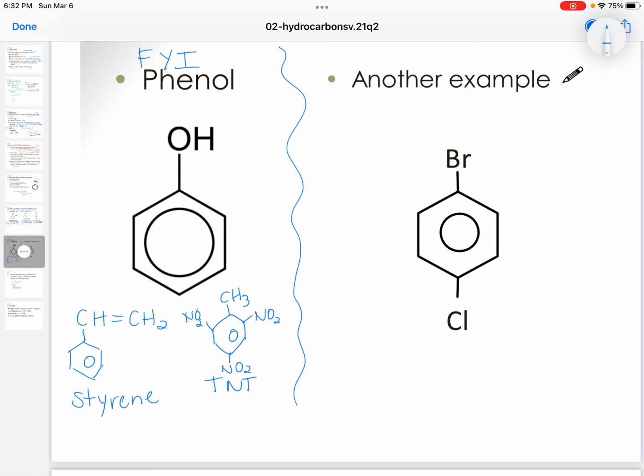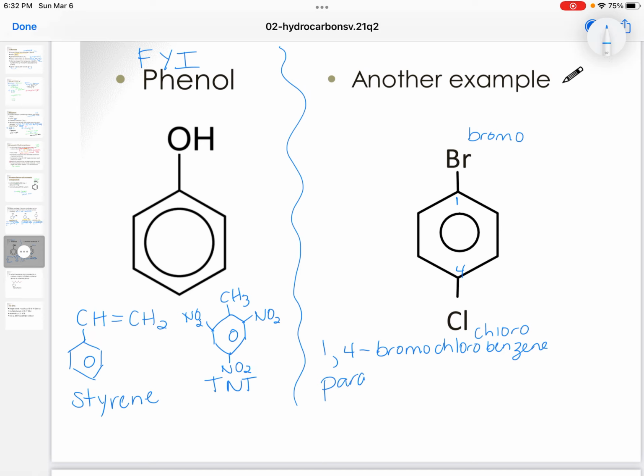So let's just do another example here where it's two different things this time. So now you have a bromo and a chloro. So again, this is carbon 1 and this is carbon 4 in the ring. So you could call this 1,4-bromochlorobenzene. And it doesn't matter which one's the 1 and which one's the 4. So you could write 1-bromo-4-chlorobenzene.